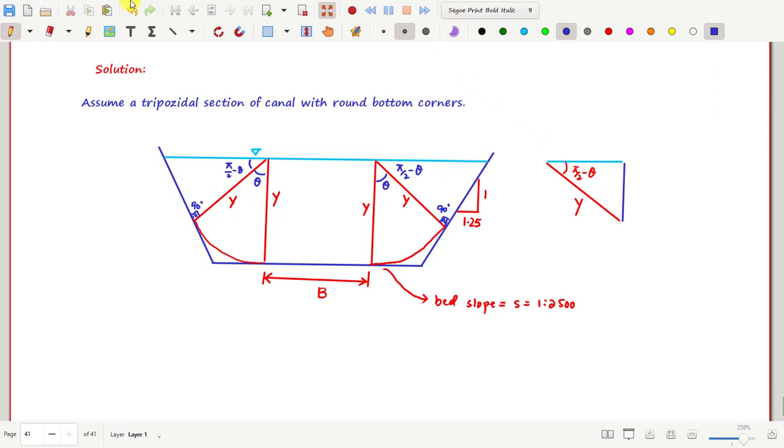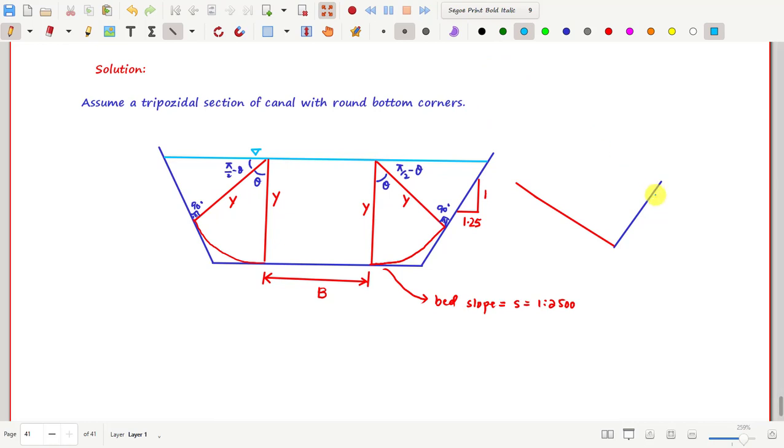I think we need to make some changes. Wait. Let me draw it again. Okay, the first line is this one, right? This one, and then the red line with this, they are making an angle of 90, right?